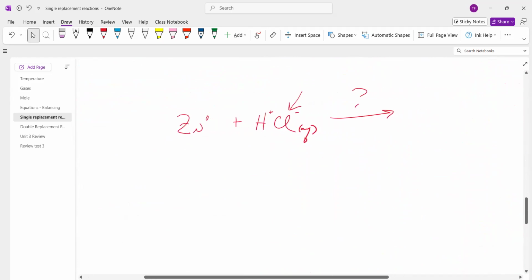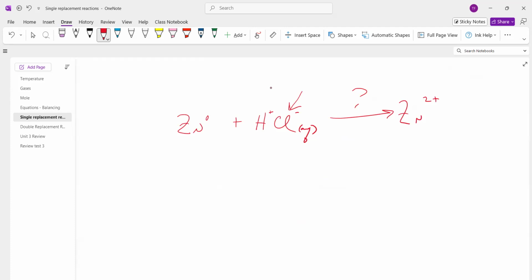That means the zinc is going to go to zinc plus 2. I know that because it's on the chart. Now, what about these guys? Which is a spectator ion, the Cl or the H?